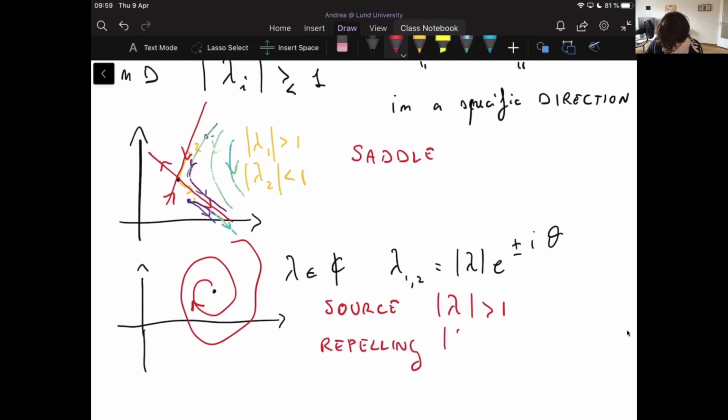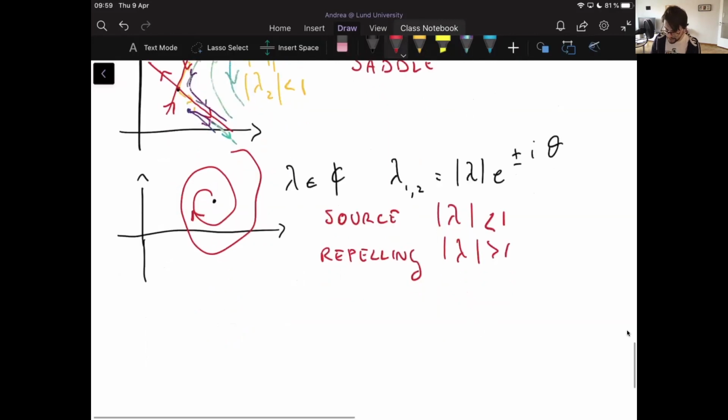So it can either be attracted to the fixed point, or the fixed point can repel.